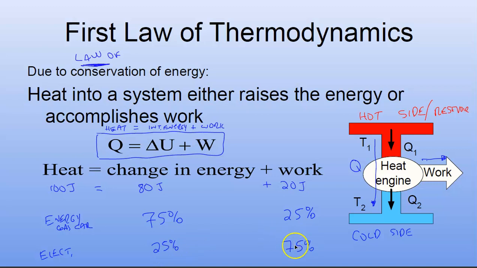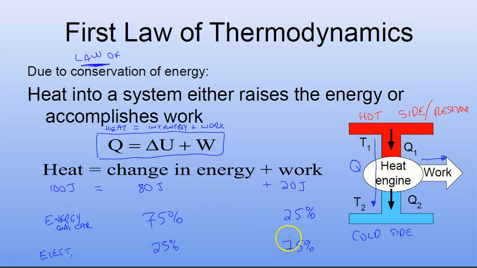The efficiency of this one is 75%. The efficiency of the gasoline one would be 25% of all of it turned into work. So it just depends on the system, and we like to find things that are more efficient and better for the environment, better for the world, cost less, you know, whatever. But that's a nice picture. We'll keep coming back to that.